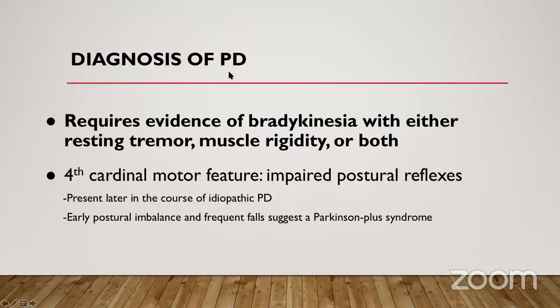For the diagnosis of Parkinson disease, we have criteria. First of all, we require evidence of bradykinesia with either resting tremor or muscle rigidity or both. That means bradykinesia is a very important requirement to diagnose Parkinson disease. We also have a fourth cardinal motor feature, impaired postural reflexes.